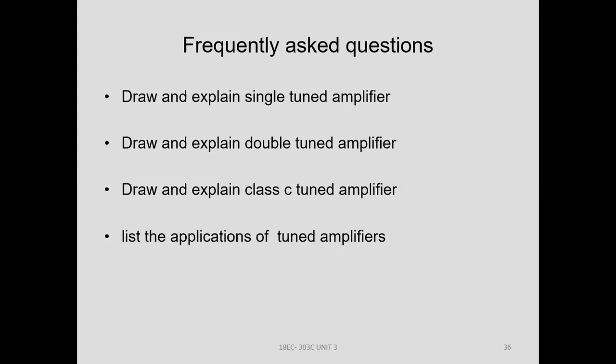In the next session we'll discuss oscillators. We know feedback is of two types: positive feedback and negative feedback. Generally in amplifiers, the applied feedback is negative feedback. In the next session we'll discuss positive feedback, that means oscillator circuits.